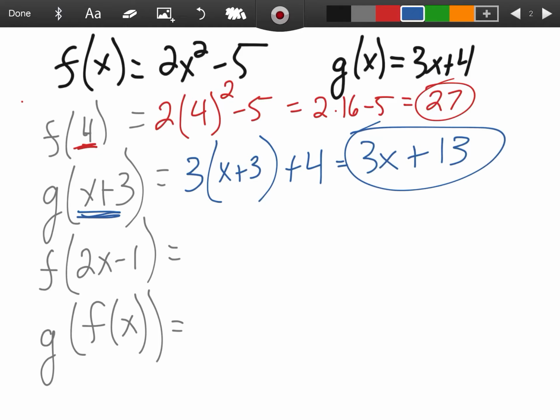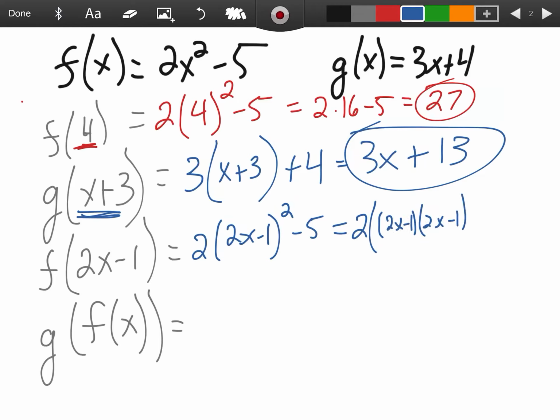Then we have f of 2x minus 1. So that's going to be 2 times (2x minus 1) squared minus 5. And that's 2 times, well, 2x minus 1 squared could be a little tough, so let's just write 2x minus 1 times 2x minus 1, and then minus 5 after.